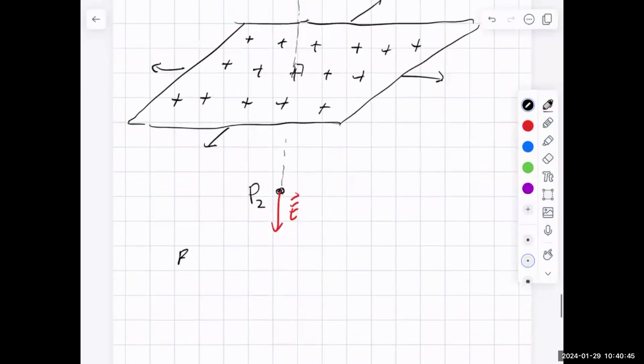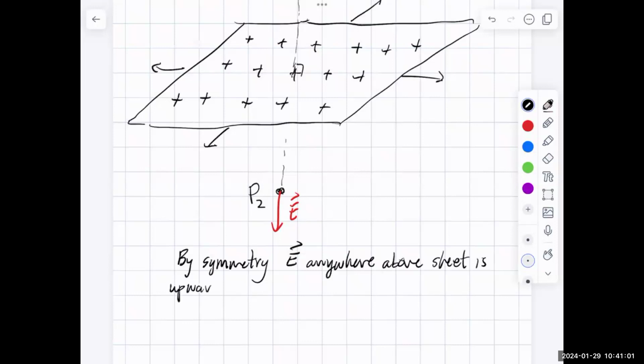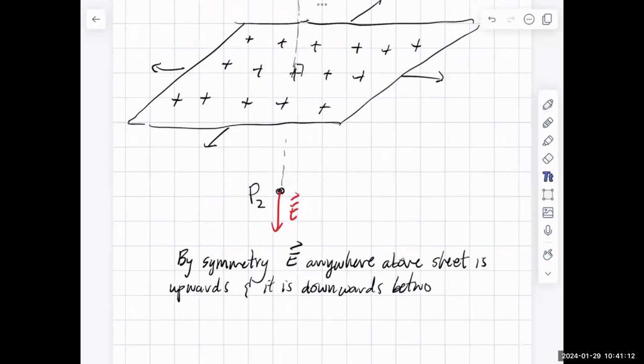So by symmetry, the electric field anywhere above the sheet is upwards, and it is downwards below the sheet. All right.